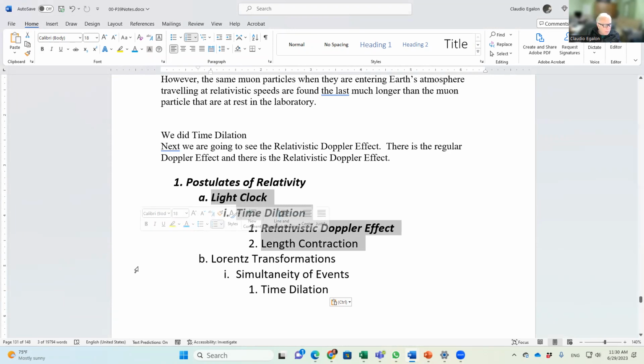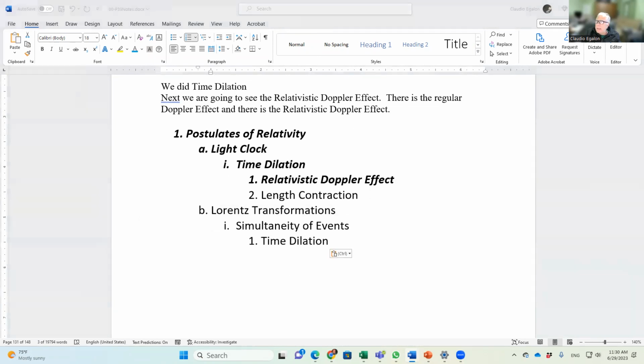The real explanation starts with the Lorentz transformations, from which we can derive not just time dilation, not just the relativistic Doppler effect, not just the length contraction, but much more. Let me show you the plan here.